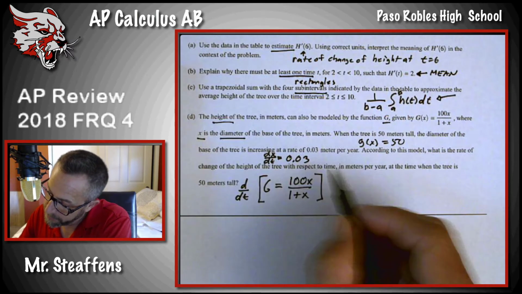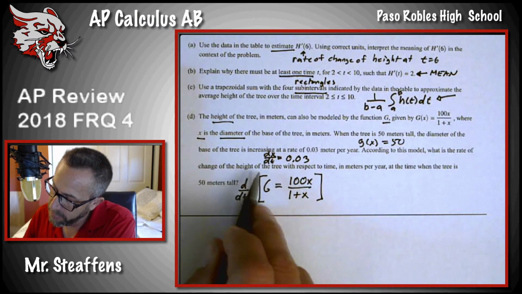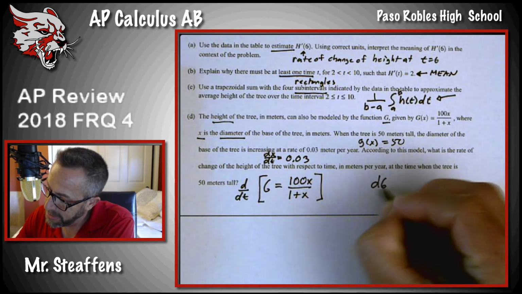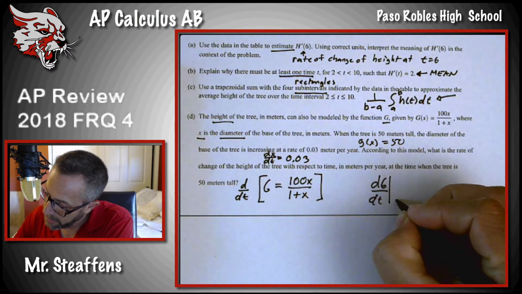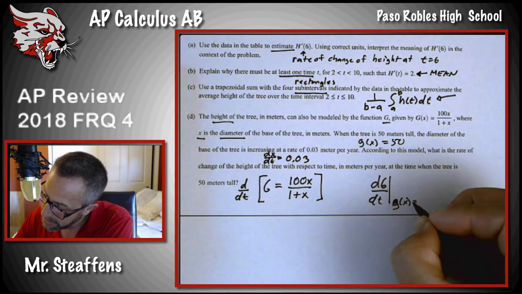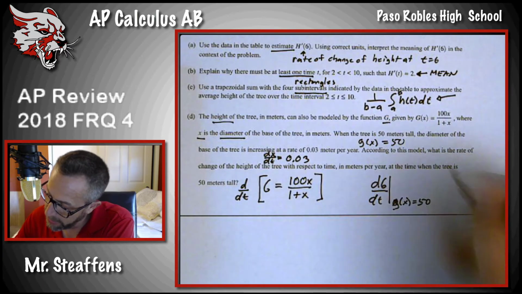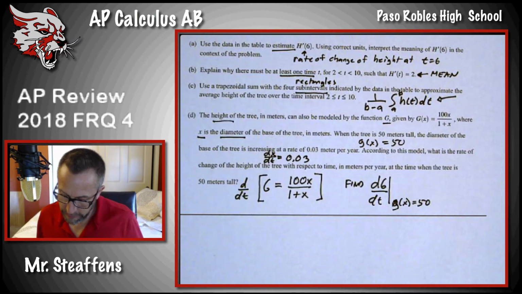Let's check it again. What is the rate of the height of the tree with respect to time? So I need to find dg/dt when g of x is 50. So it looks like that's what I'm going to have to find.